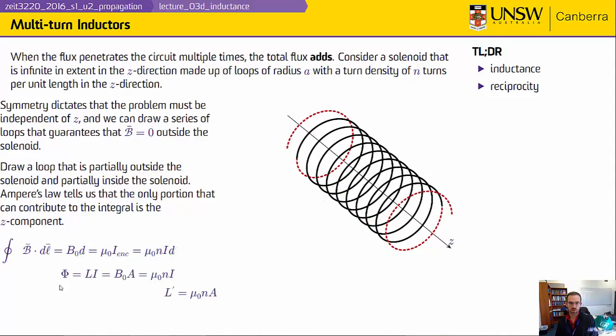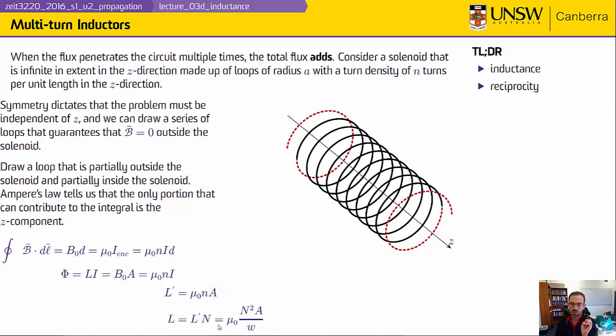And I'm left with the total flux, which is equal to the inductance times the current. Well, this is the flux for one turn. This line here gives me the flux for one turn. And we'll call that L prime, which is equal to mu naught times n times A. Okay? And the total flux is then going to be the flux for one turn multiplied by the number of turns.